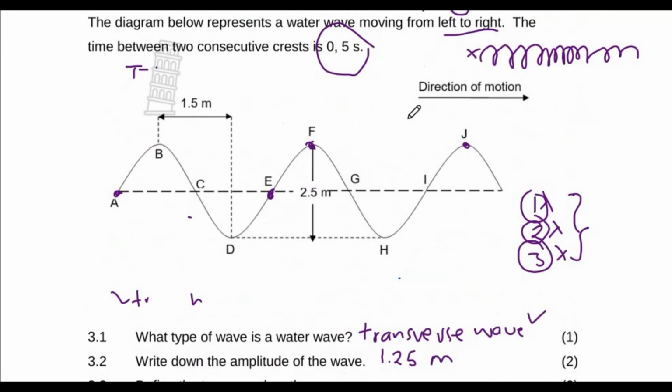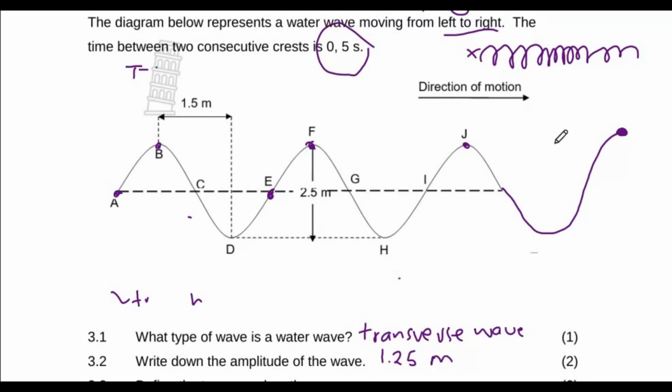So we said the highest point is the crest: we have the crest B, the crest F, the crest J. I want you to mentally extend this wave so that we can add another crest, something like that. So we have another crest here. So if we have 1, 2, 3, 4 crests.